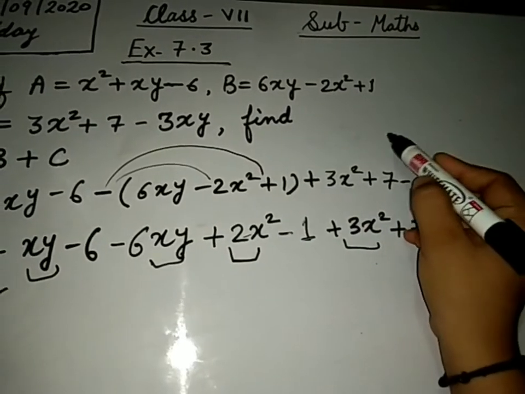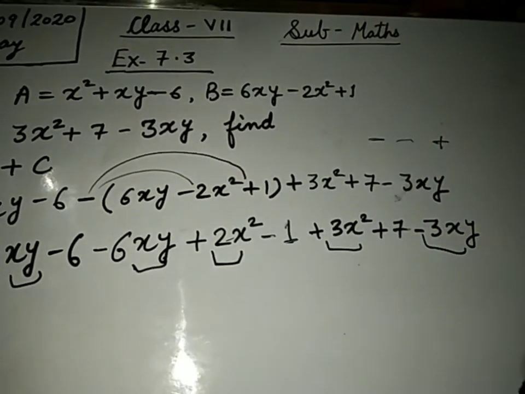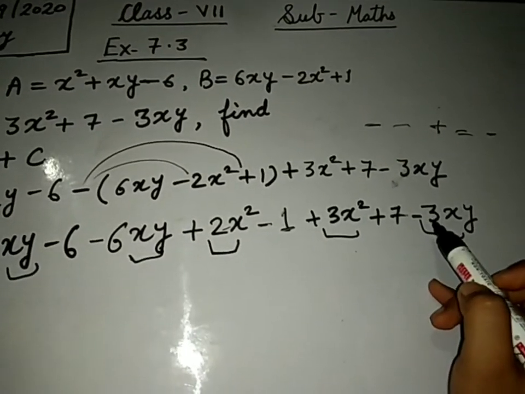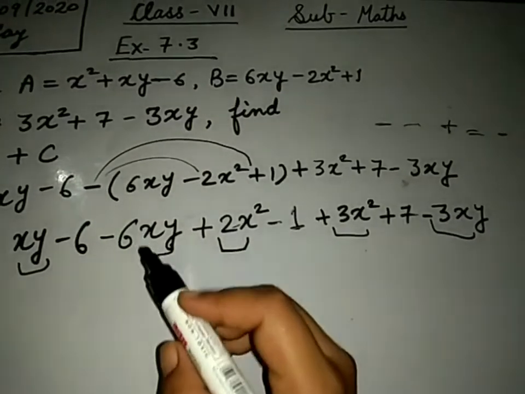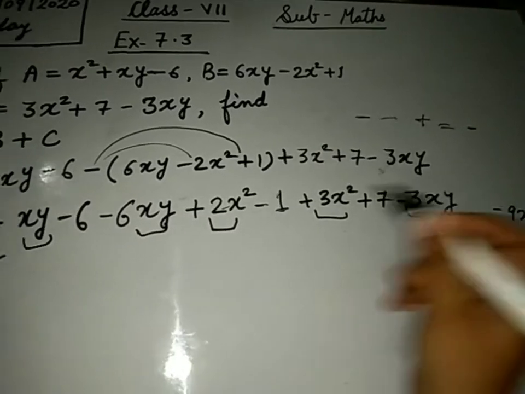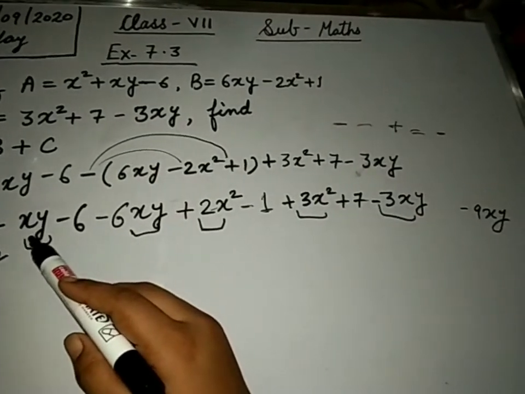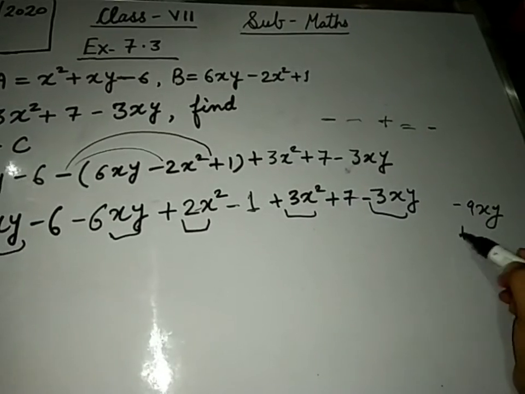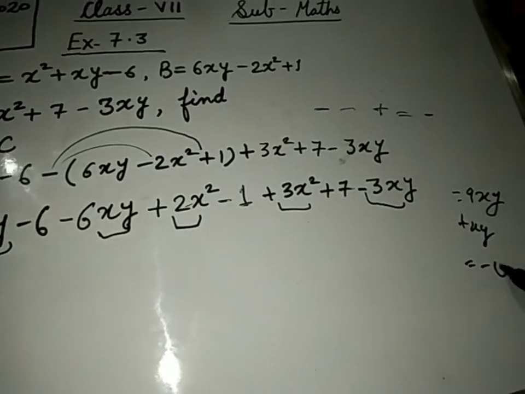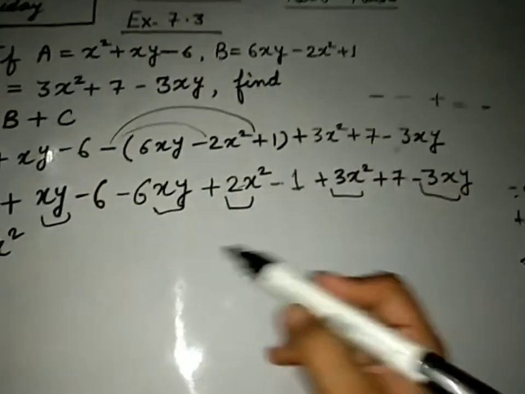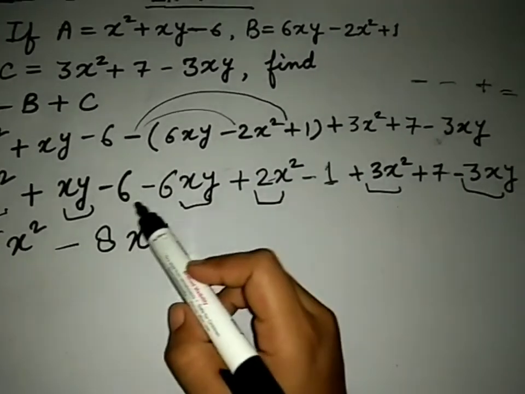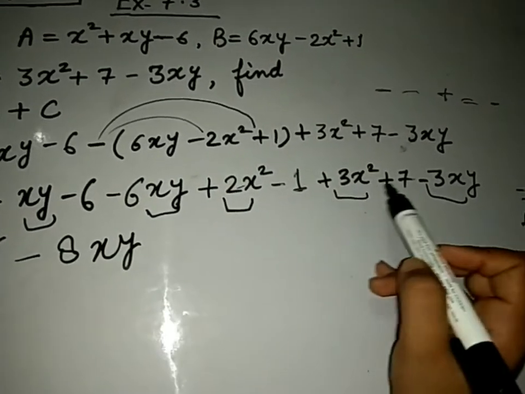Students, always remember that minus minus becomes plus, but with negative sign. So minus 6 and minus 3 becomes 9 with negative sign, so minus 9xy, but we already have plus xy. Then plus xy means minus 9 plus 1 gives minus 8xy. Okay, so minus 8xy.